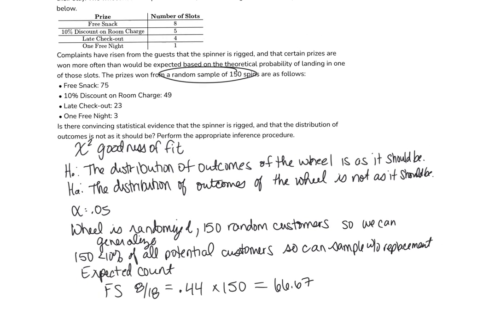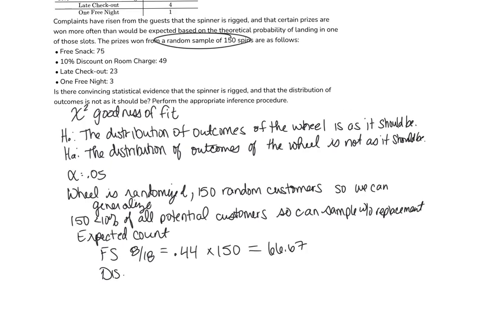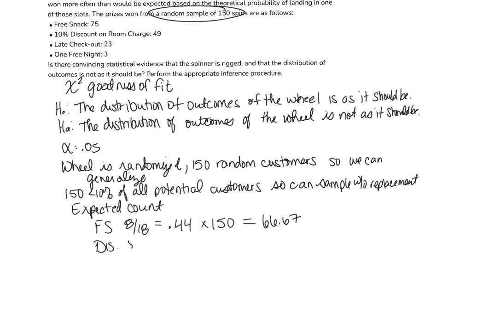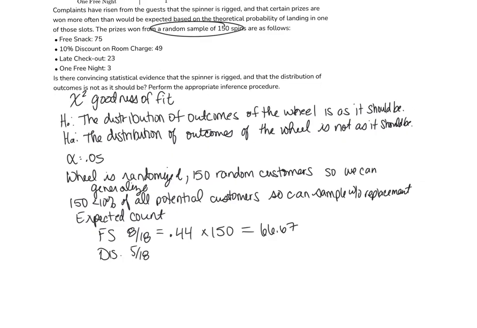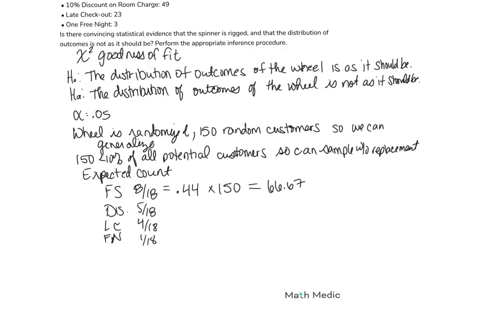And then for the 10% discount, there is 5 out of 18. I'm just going to write the rest of these down. Late checkout is 4 out of 18, and free night is 1 out of 18. And then 5 divided by 18 is 0.277, and then times 150.